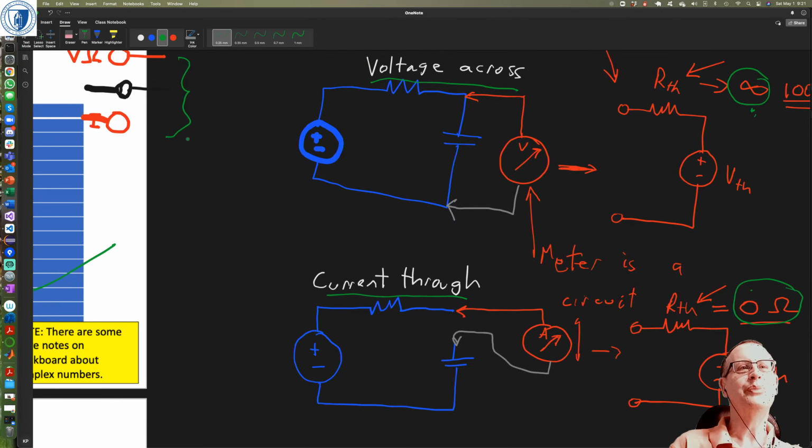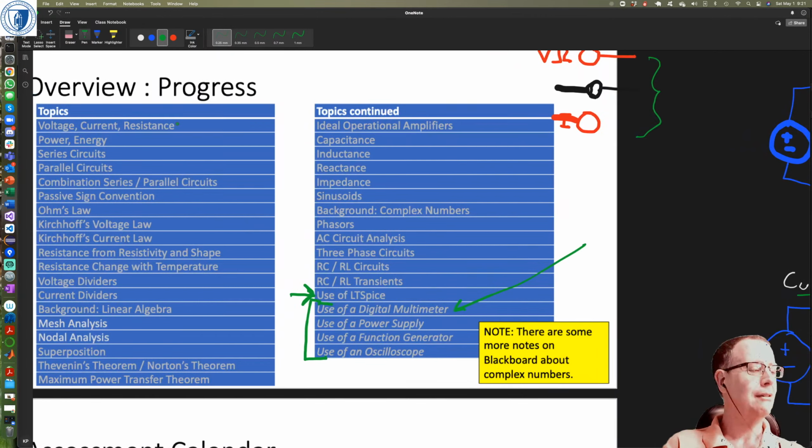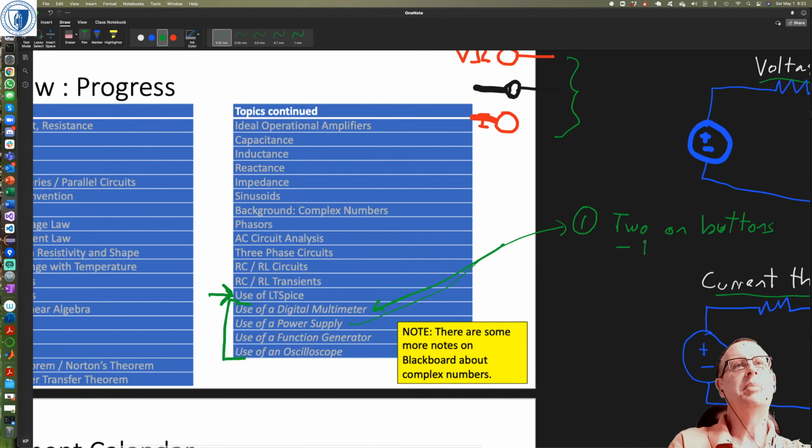Anyway, that was a bit of an aside. I'm just going through some stuff that you would pick up in the lab if we had the lab. The power supply is not too much different, but there are two things. One, the power supply has two on buttons. One is the normal power on, and the other tells it to output voltage or current.